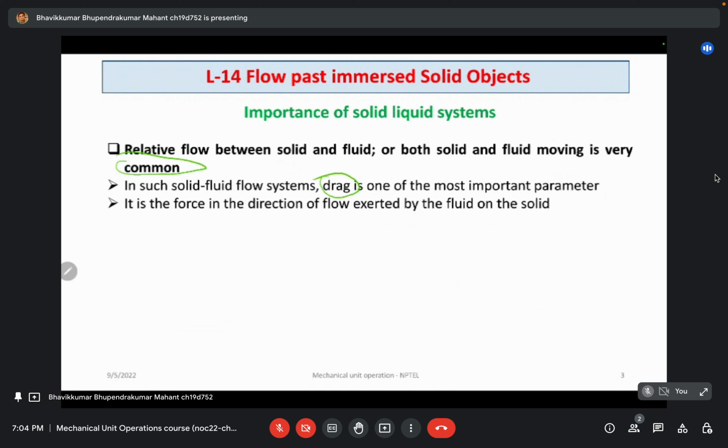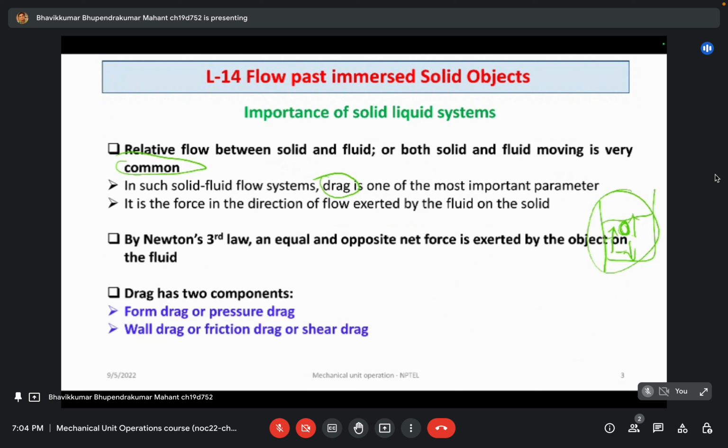Whenever our solid particle interacts with liquid, what is the drag force it is facing, what is the final magnitude of the drag force, and what are its components. There is a buoyancy force and a gravitational force. All three forces are important for the calculation for this solid liquid system.